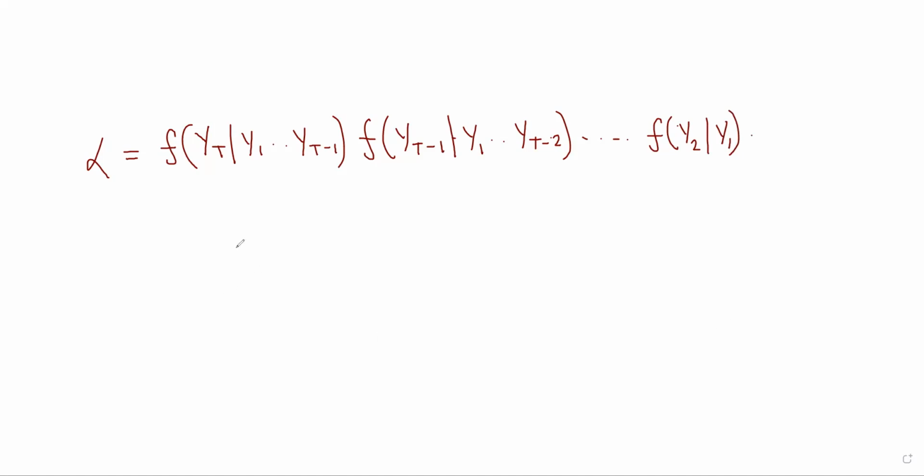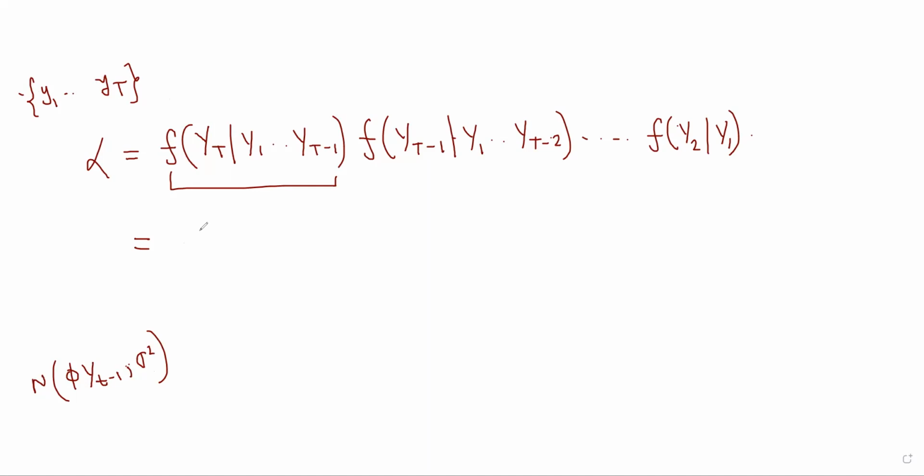Something like this. Now, what does this follow? Your data is like this, and each conditional follows normal. And this is your data. So how will this total likelihood function look?